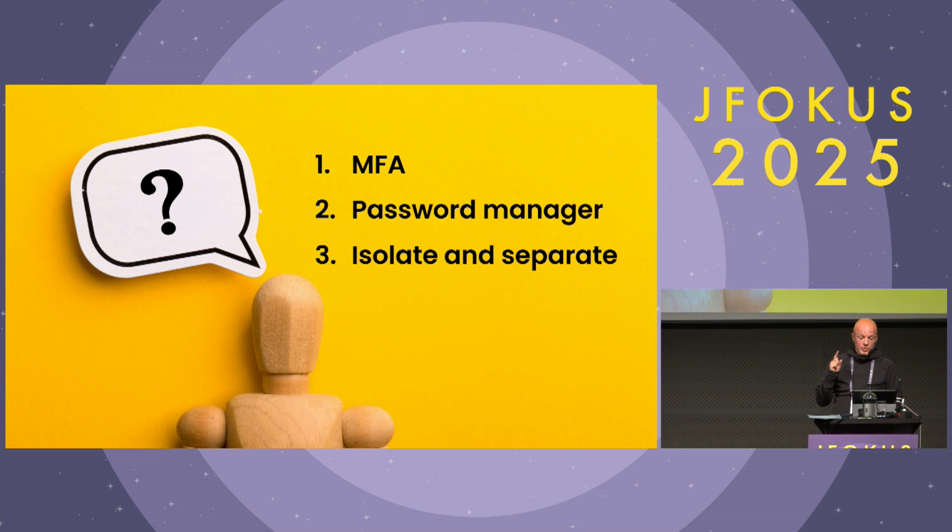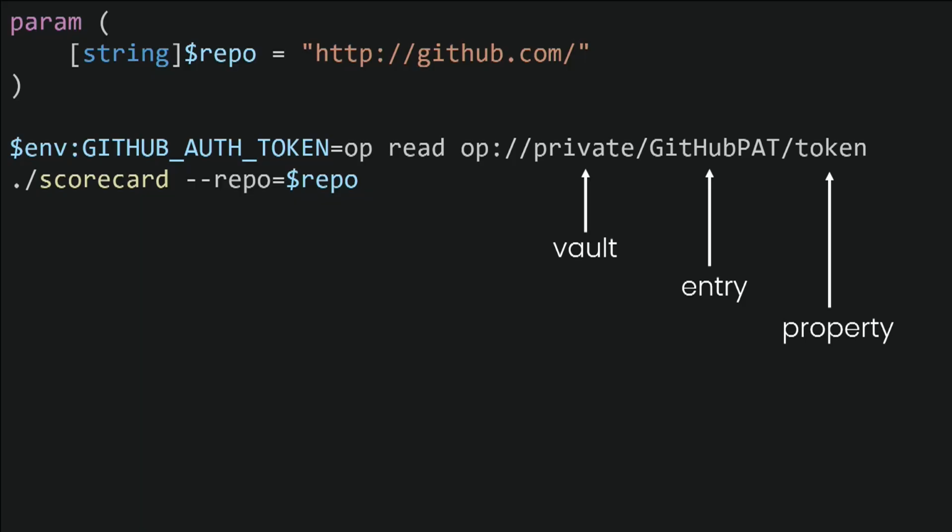A good thing with password managers is most of them also have CLIs. This is something I use for 1Password, and this is also sort of a personal preference and maybe a recommendation that you could use for your team to try to mitigate the issue with committing secrets to source code.